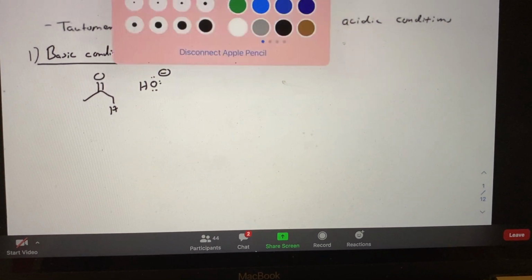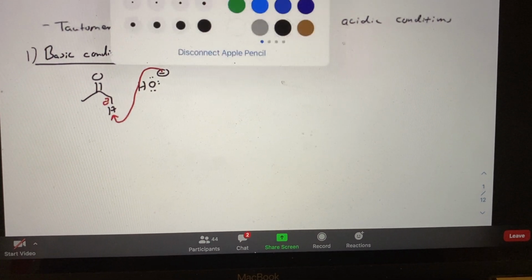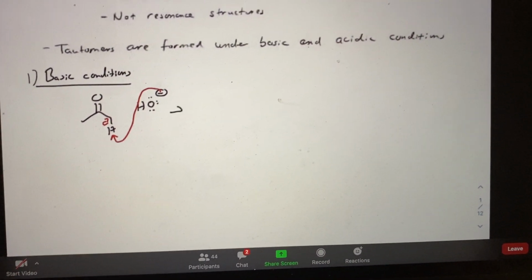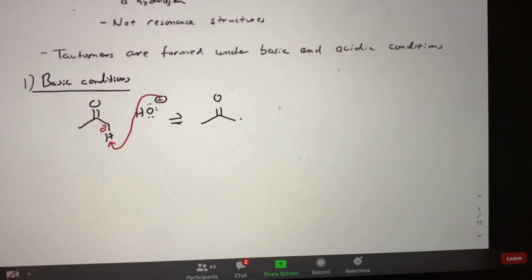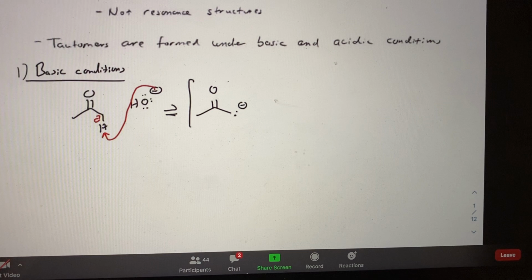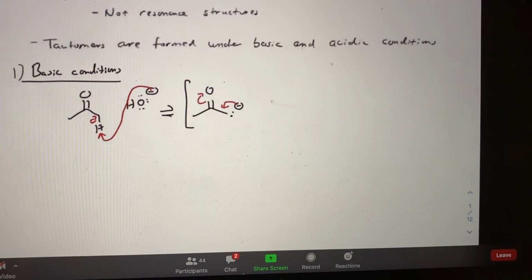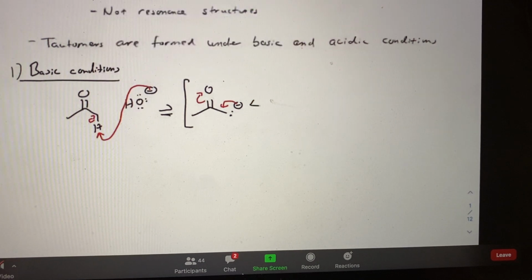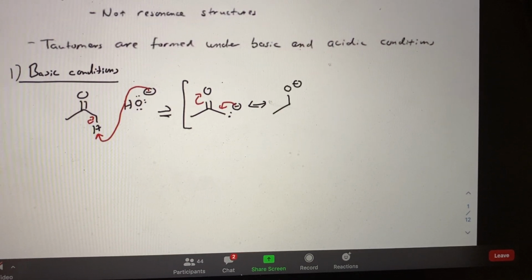But what we can do is have this hydroxide act as a base. It's going to take a proton off. And let's write the resonance structure. So we'll just put the electrons directly on that carbon. These are all steps in equilibrium. We have this now negatively charged species, and we can write a resonance structure just like what we saw above, with the negative charge now on the oxygen.